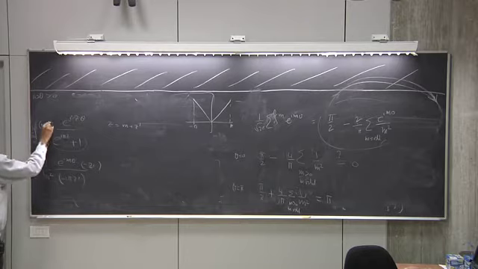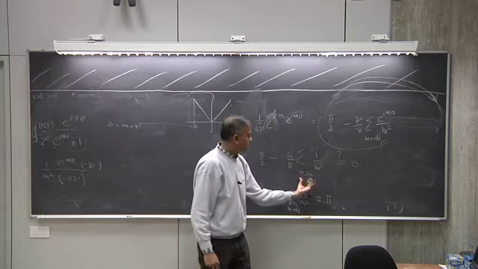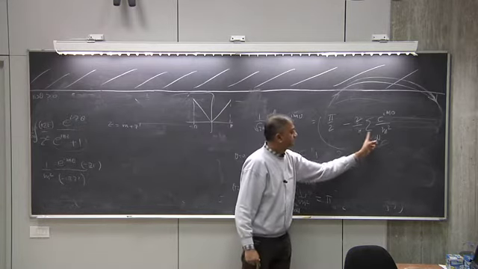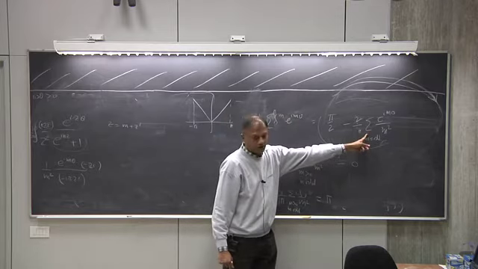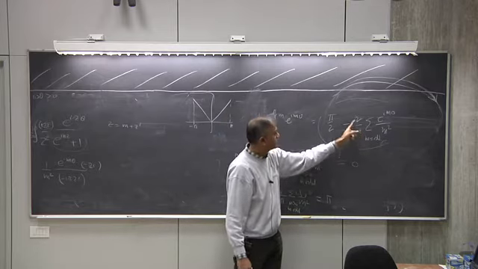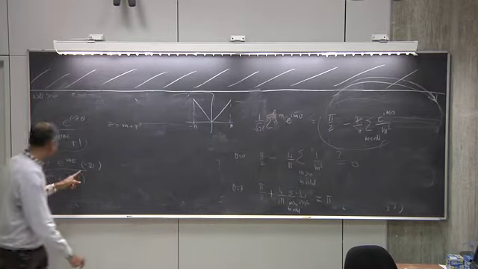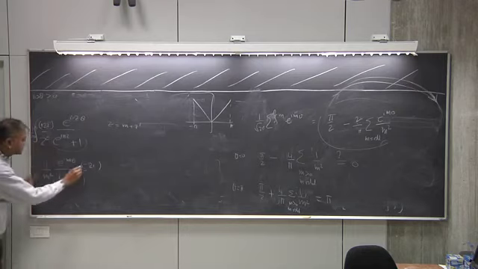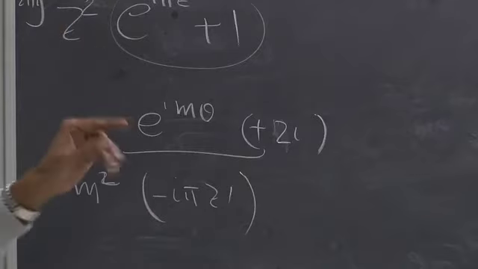This is the expression where I took m positive, but here it is a full sum over m odd. So if I look at this expression as a minus, I want to get minus 2 by pi. And this will exactly give me, with a plus sign here, 2i, so the I cancels, and you get minus 2 by pi. Okay? So this is the integral I have to do.